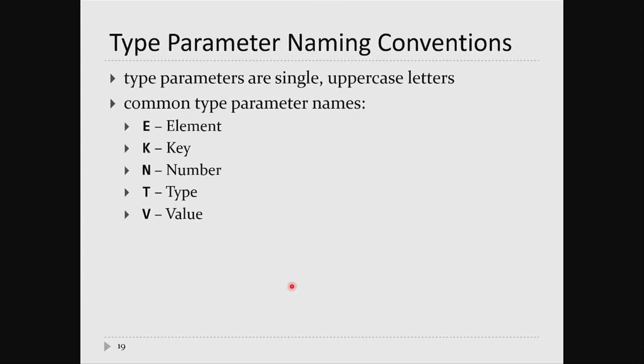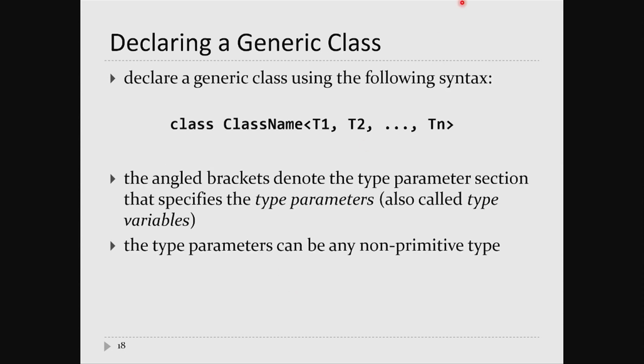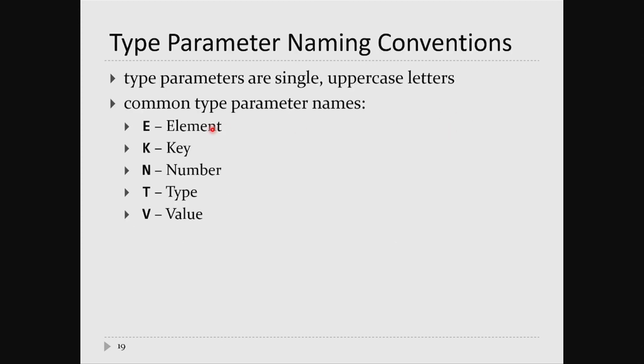Okay, so when you write these type variables, the convention is to use very short names, either 1 or 2 letters. By convention, the type parameters are single uppercase letters. Sometimes they are single uppercase letters followed by a number.